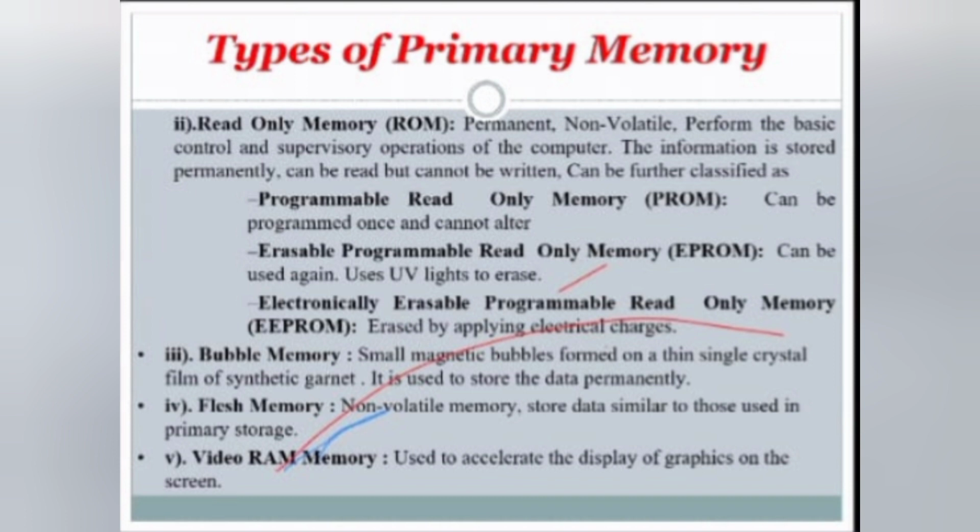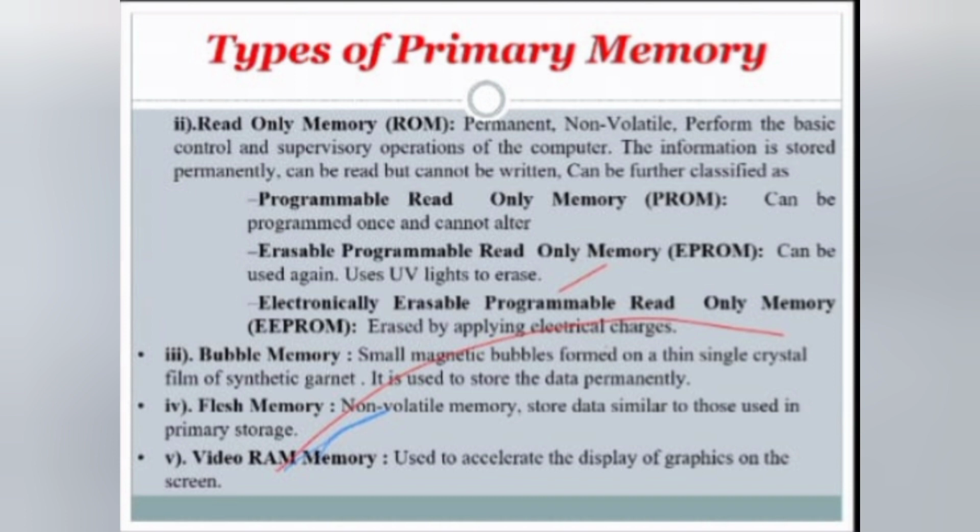Another one we have is flash memory, that means non-volatile memory, which stores data similar to that used in primary storage. And another thing we have is video RAM memory. It is used to accelerate the display of graphics on the screen.